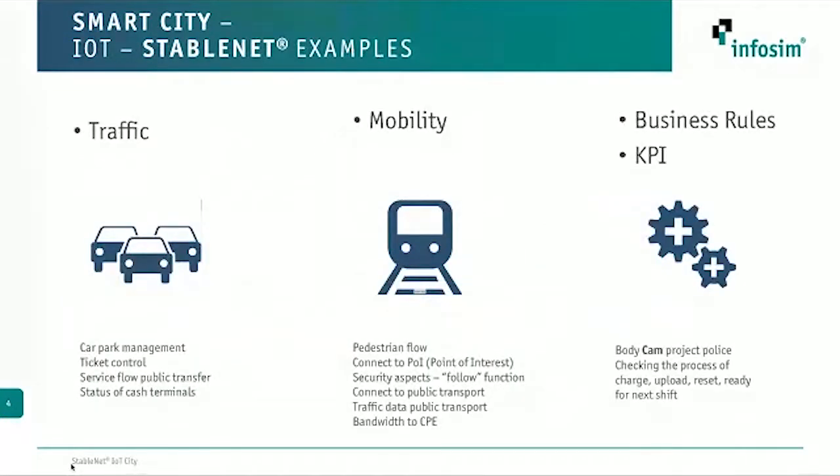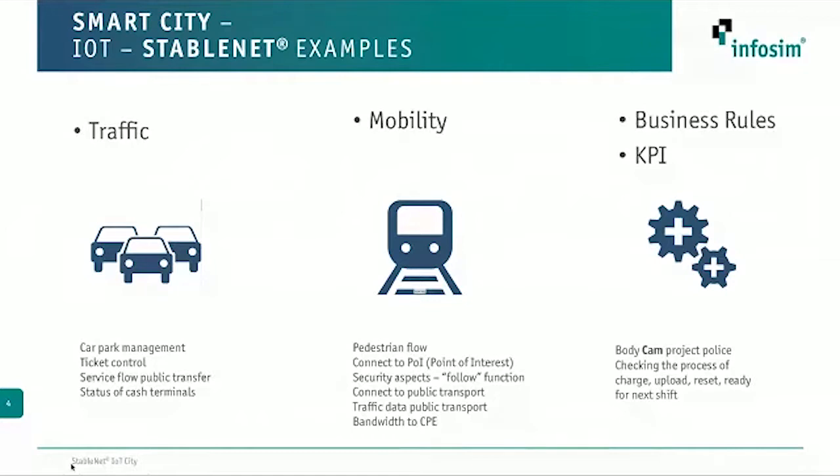Here we have some IoT examples, actual projects, not a marketing gag or a fancy slide. We see a car park management system: do we have some free space in this parking area, or is a special car connected to this parking area? We have ticket control systems, we see the flow of public people, the service flow, and the status of the cash terminals in the parking areas.